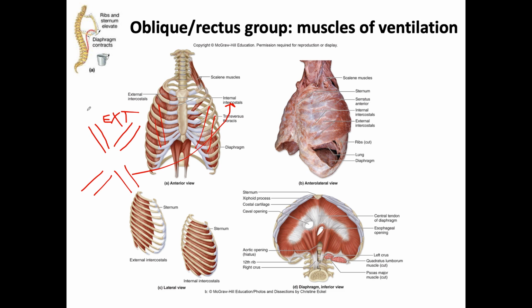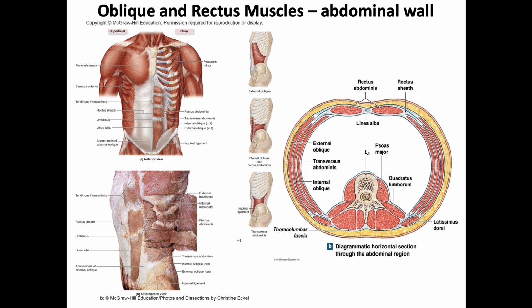So these external intercostals here, imagine if you're contracting these fibers, they are going to lift that rib cage up and out. And that is how we inhale. Okay. Now if we look at our internal intercostals here, they make that upside down V. Imagine contracting these. So when they contract, that is how we exhale, the internal intercostals.